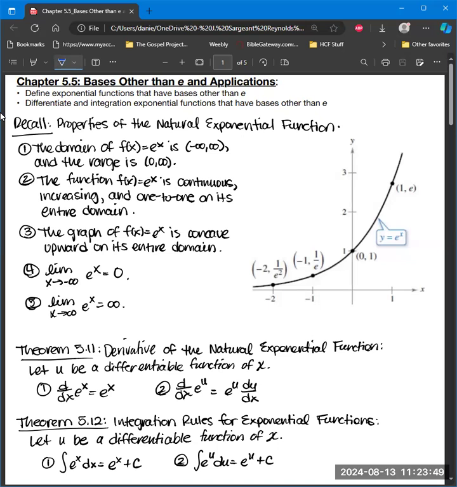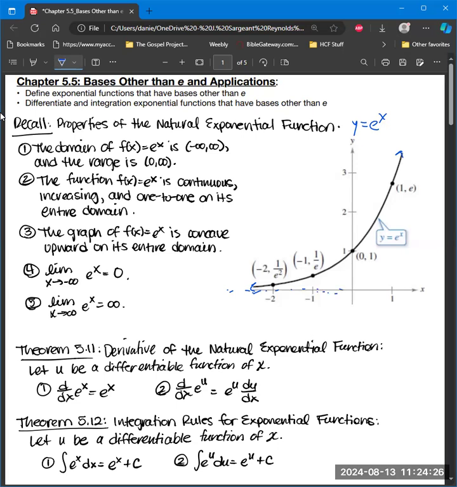Let's look at our objectives here: to define exponential functions that have bases other than e, and to differentiate and integrate exponential functions that have bases other than e. So recall from the properties of the natural exponential function, y equals e to the x, that the domain is negative infinity to infinity, and that the range has a horizontal asymptote at y equals 0.